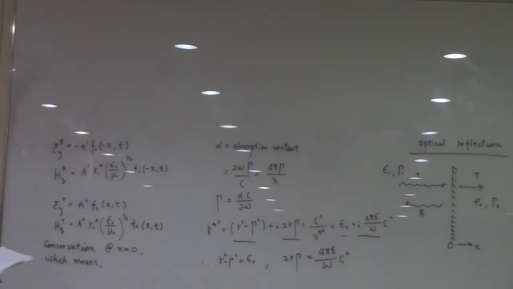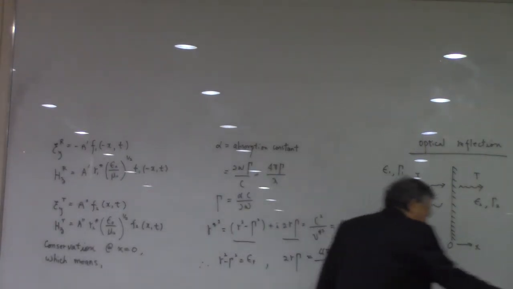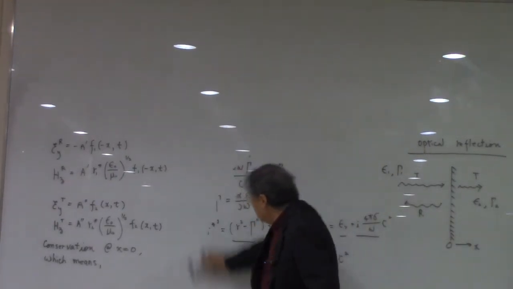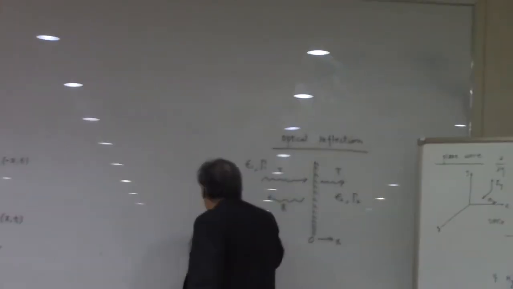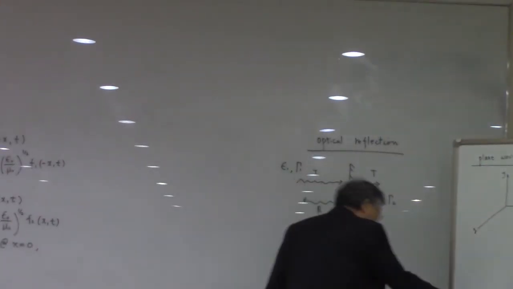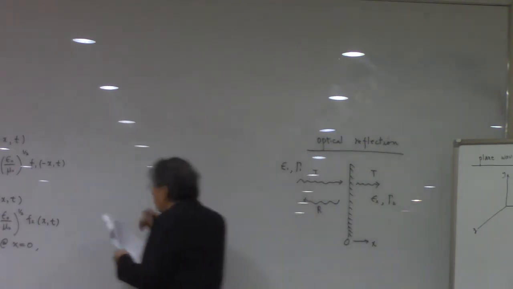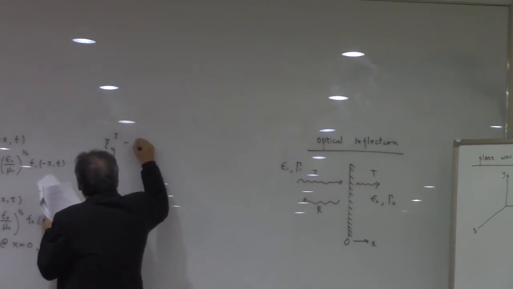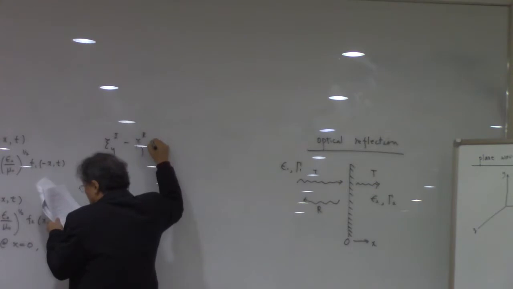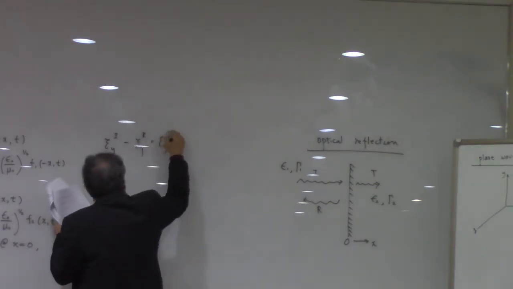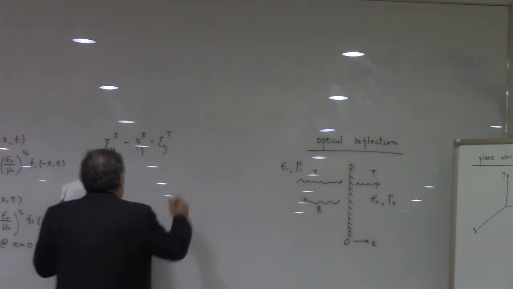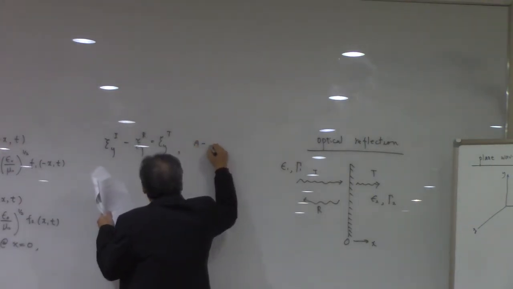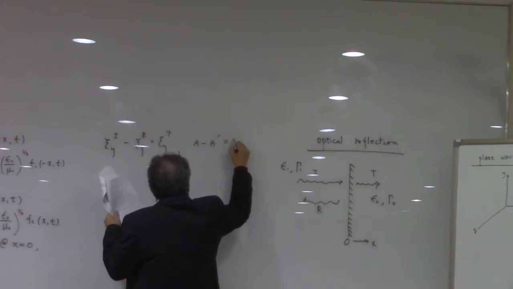In other words, the incident minus reflected should be transmitted. Okay? So from this equation, you can get A minus A prime should be equal to A double prime.